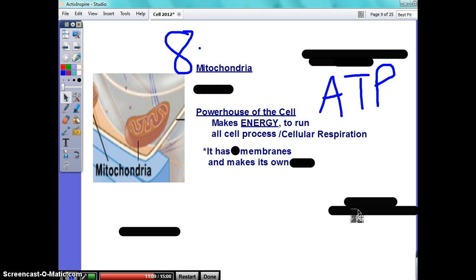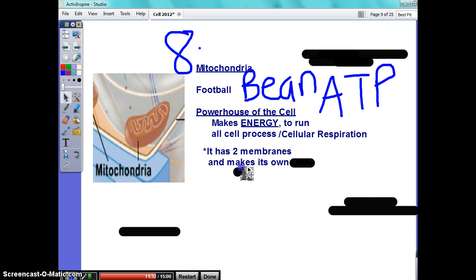What does the mitochondria have? By the way, doesn't it look like a football, kind of? You see kind of like the strings of the... it looks like a bean too. I guess we could write bean. What does the mitochondria have? Look. Two membranes. It actually is bordered by two membranes.